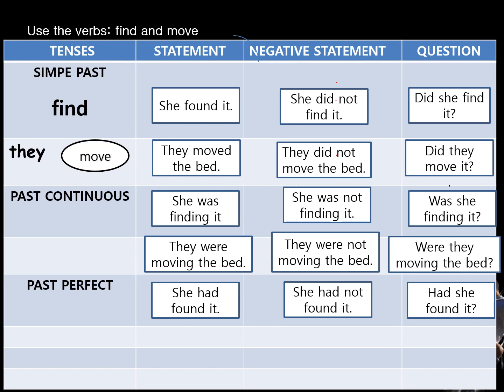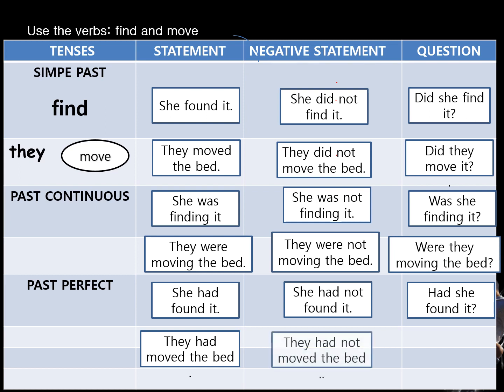Let's move on. Past perfect. We say they had moved the bed. So if you noticed, you have there the auxiliary verb had followed by the past participle form of the verb, because this is how past perfect tense must be written. So let's move on. They had not moved the bed.